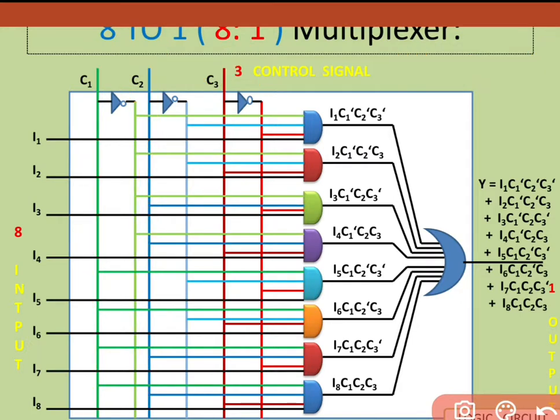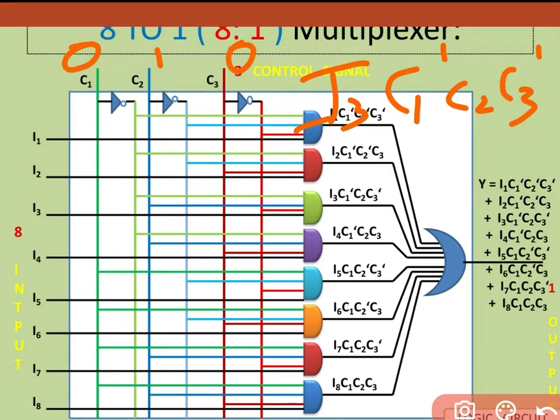Means I3 becomes I3 only. 0 1 0, I3 becomes I3 only, and see what happened. I3, C1, C2, C3. We are providing 0, 1, 0, means just negation of 0 means 1.